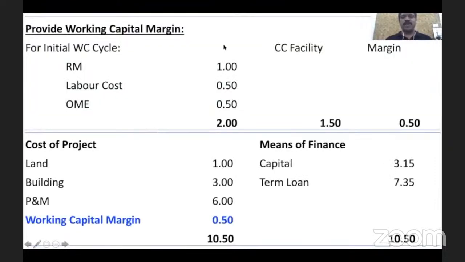Okay, so now we have freezed the cost of the project as 10.5 crore. But again, it's a new company, I said, right? New company, they're putting up their project for the first time. And we should not freeze the project cost at this point, because this business would have incurred some expenses even before forming this company.